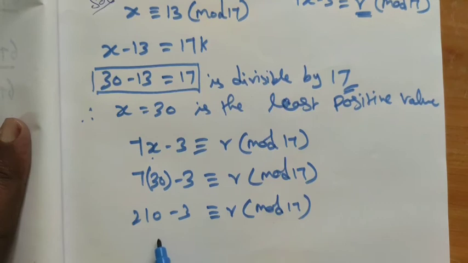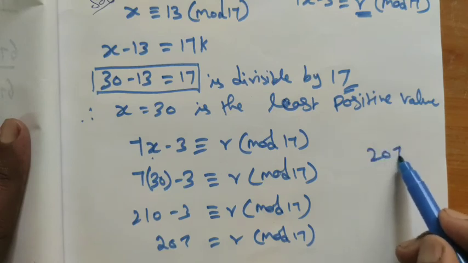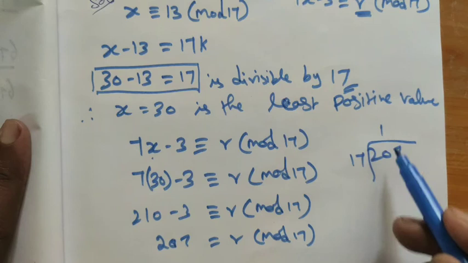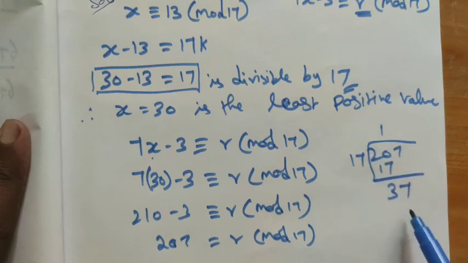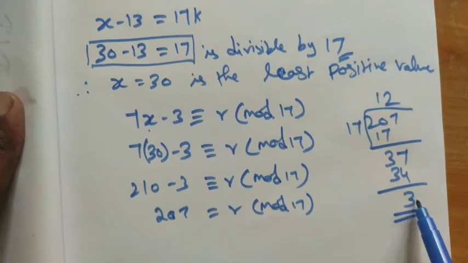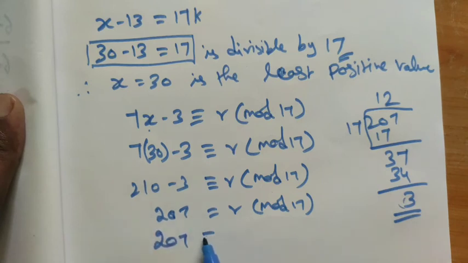When we subtract this, what do you get? 207 is congruent to r mod 17, right? Now divide 207 by 17. 17 ones are 17, remainder 3, bring down 7. 17 twos are 34, the remainder is 3. So the remainder 3 is the number here. So 207 is congruent to 3 mod 17.